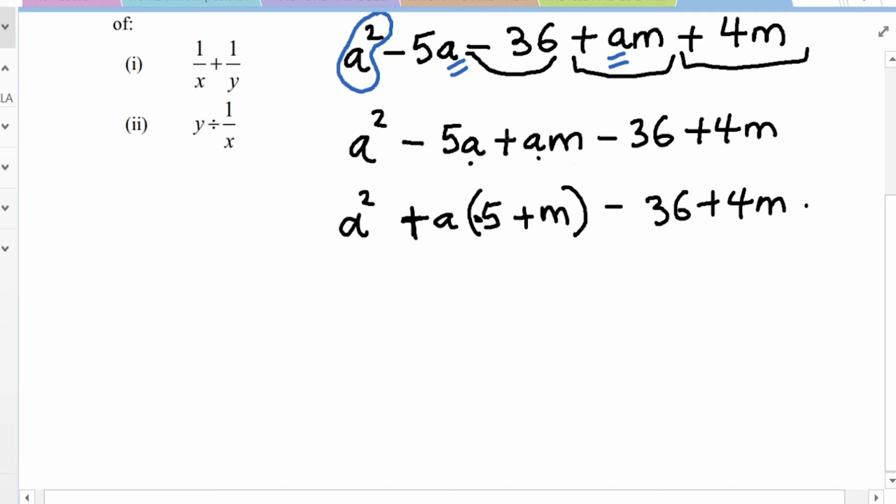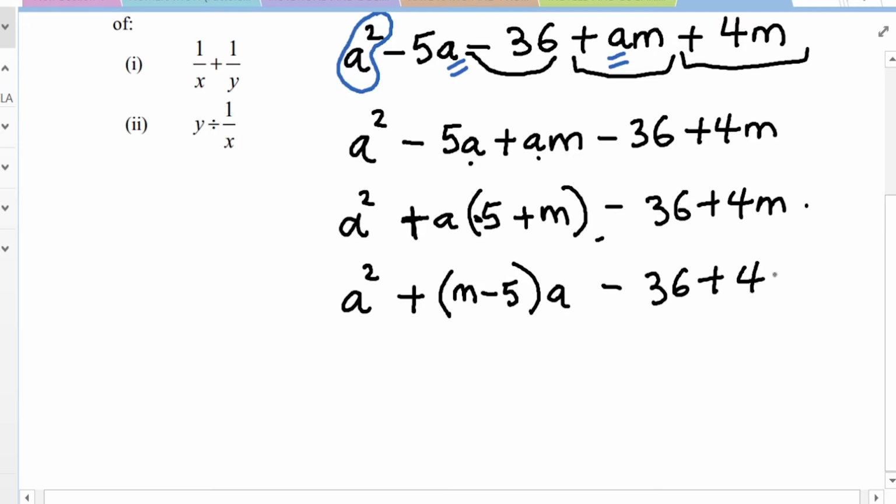Then am, divide that by positive a, I ended up with positive m. So it means this is a squared, plus, let me put that a at the end here. So it's going to become m minus 5, like that, times a minus 36 plus 4m.